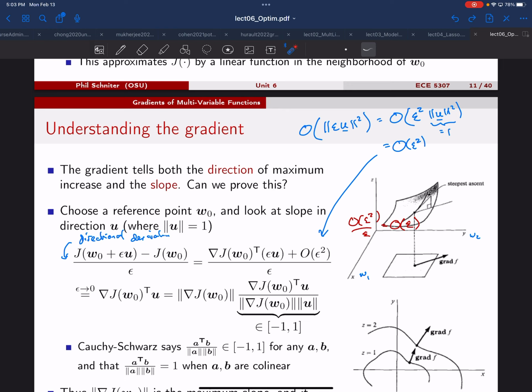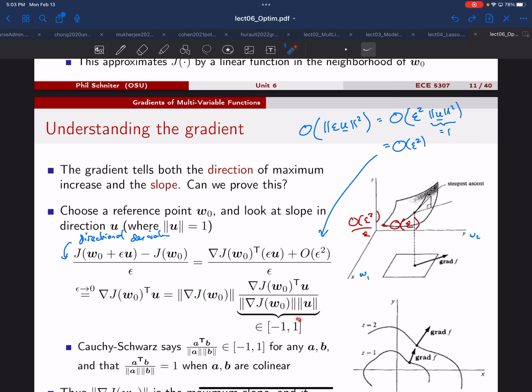So for us, when I look at this directional derivative in the direction u, first of all, in terms of its absolute size, it's the gradient magnitude times something between 1 and -1. So it can never be larger than this in an absolute sense. Also, if I'm looking for the steepest direction uphill, I want to maximize this.